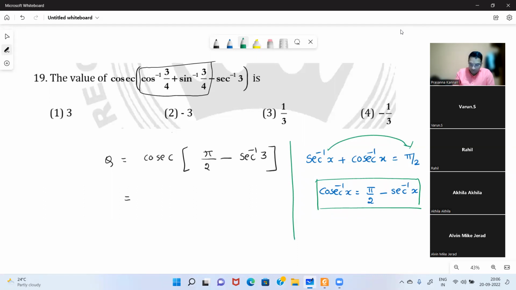Okay, so now what are we having here? Pi by 2 minus secant inverse 3 can be written as cosecant inverse 3, exactly.